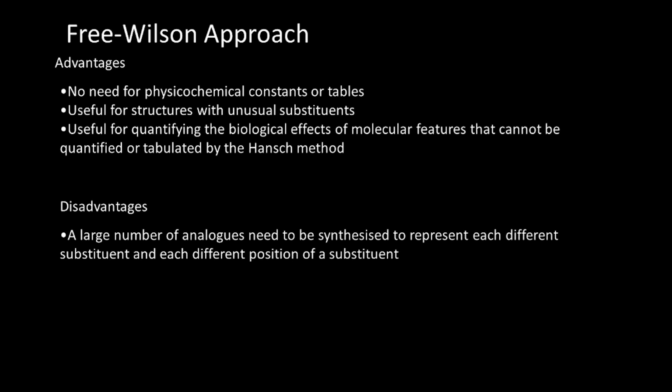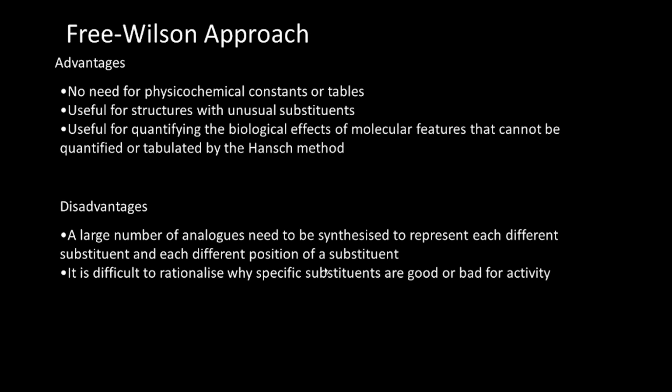Okay. So here we need to have a large number of analogues to be synthesized to represent each different substituent and each different position of a substituent. That's also important. Okay, that's a big problem. It is difficult to rationalize why specific substituents are good or bad for activity, because if you look at the other approaches, the Hansch approach, we know sigma, the electronic factor, electron donating or withdrawing effect, hydrophilic or hydrophobic effect.